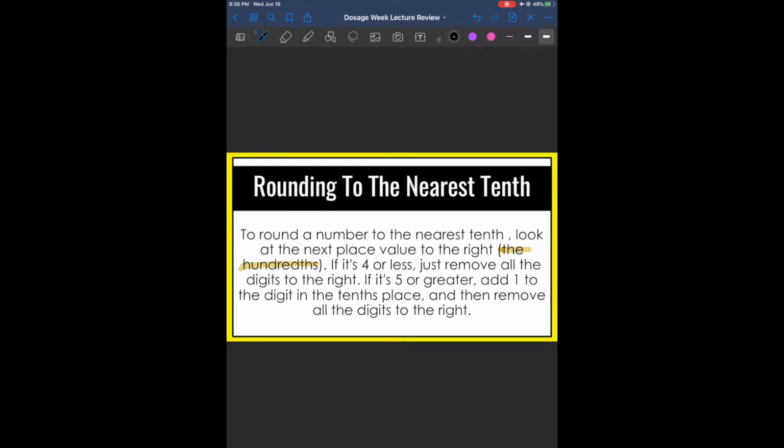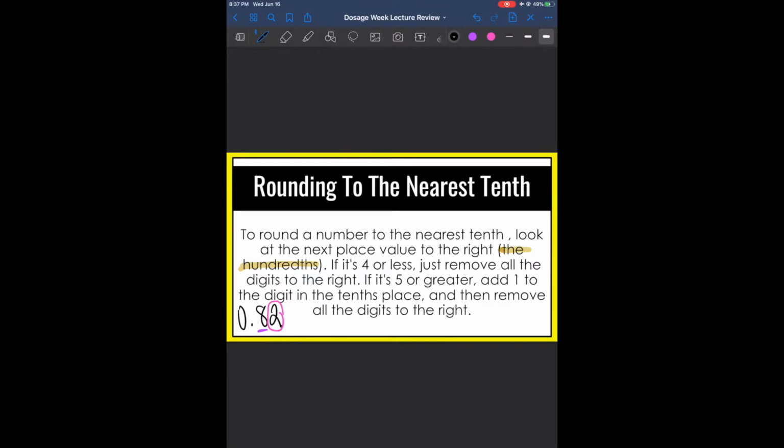So for example, 0.82. You want to round to the nearest tenth, which is this first number. So you base how you round off of this second one. And the same general rules apply. If it's 4 or less, all you do is leave the number the same and remove what you don't need.